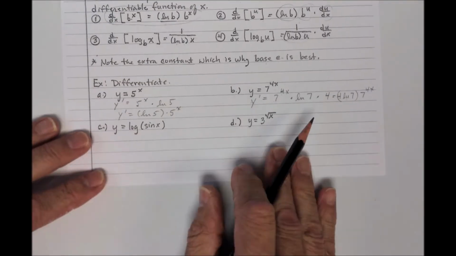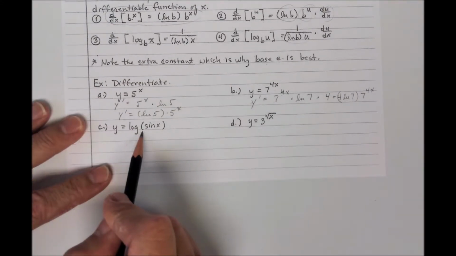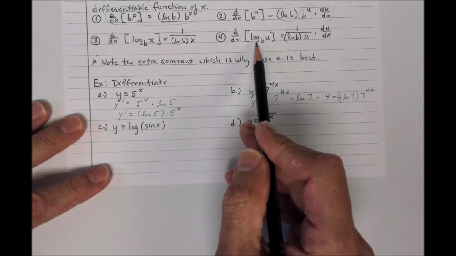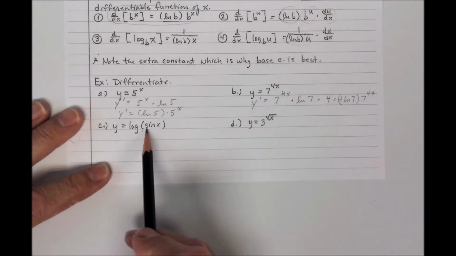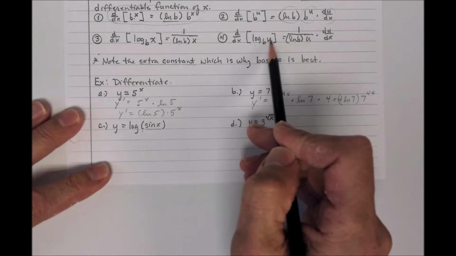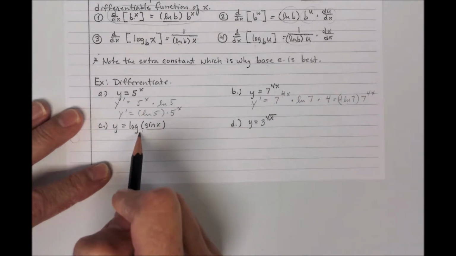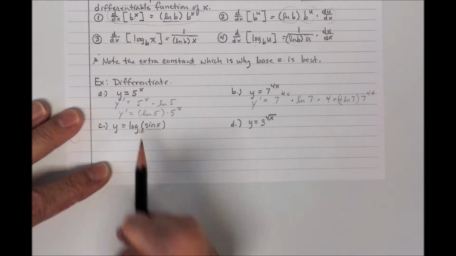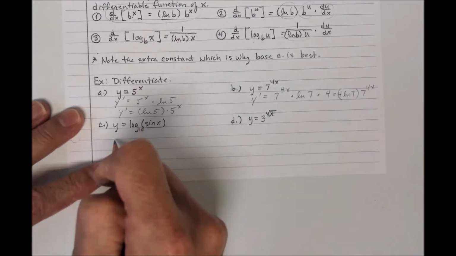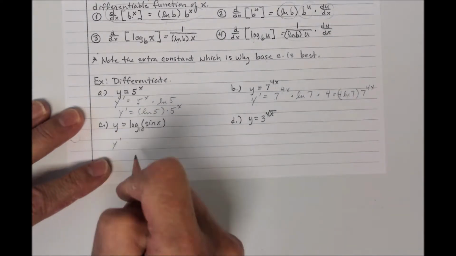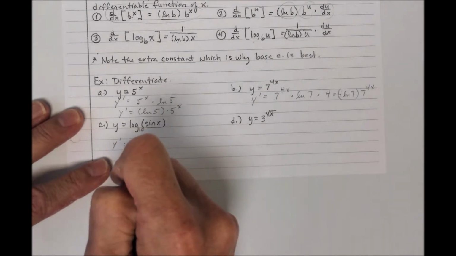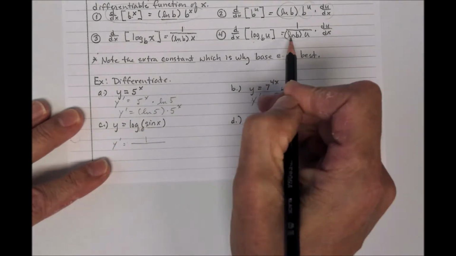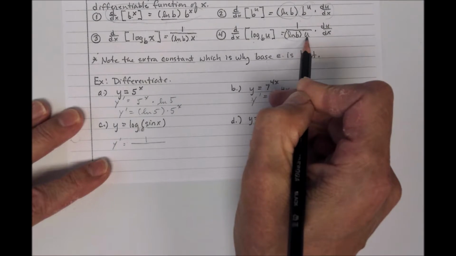Here's one with a logarithm. This is going to be more like number 4, because what I'm taking the logarithm of is a function of x. And since there's no base written here, remember it's assumed that this is a common log, or a base 10 log. So y prime is equal to 1 over the natural log of the base times the u, which is the sine of x.